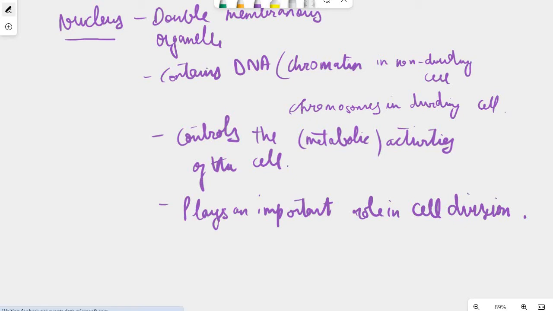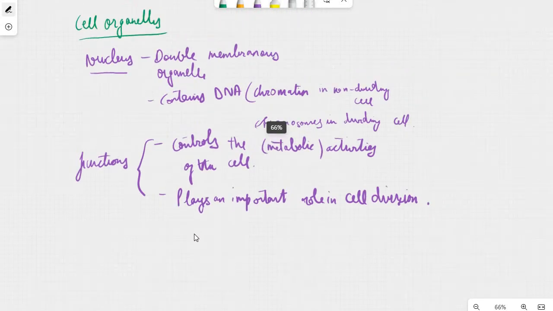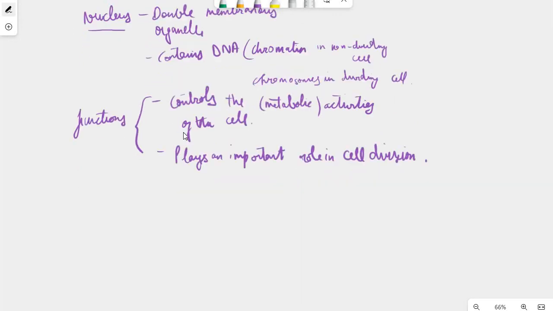So nucleus is a very crucial part in cell division. So you can say these two are functions. You'll study them in great detail in higher classes like 10th and 11th, but for now this will suffice.